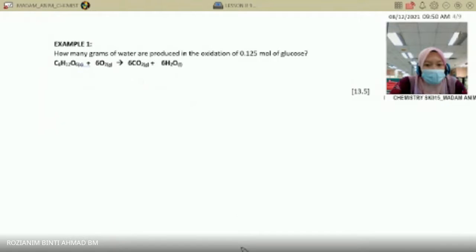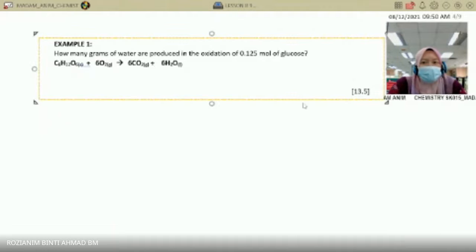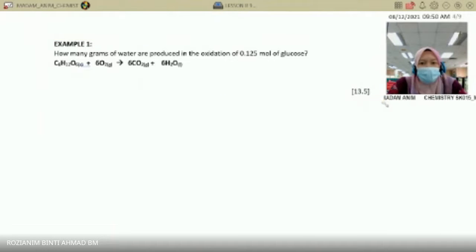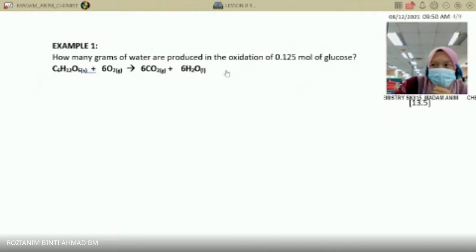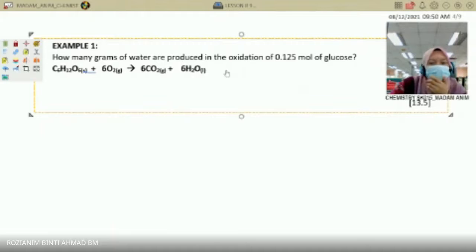Okay, so saya bagi masa 2 minit. Cuba recall balik idea macam you belajar dekat sekolah SPM yang lepas. Cuba jawab ni dulu. Saya nak tengok the prior knowledge kamu. Saya bagi masa 3 minit to complete for this example number 1. The answer already given, 13.5. Try it first. Page 33. Buat sekarang, saya nak panggil nama. Macam mana kamu nak jumpa data?